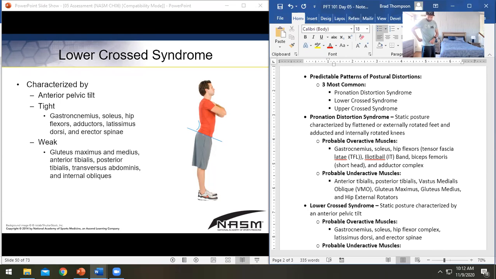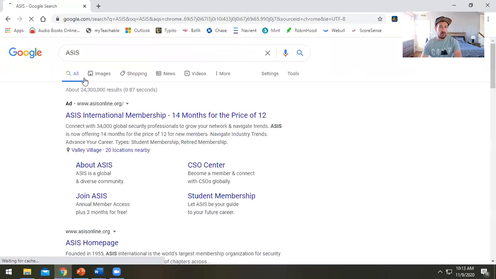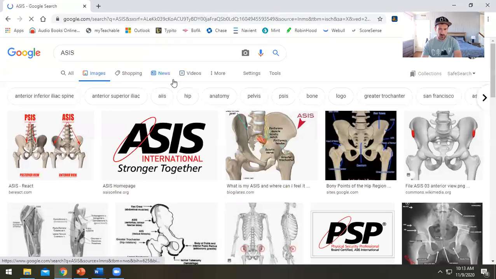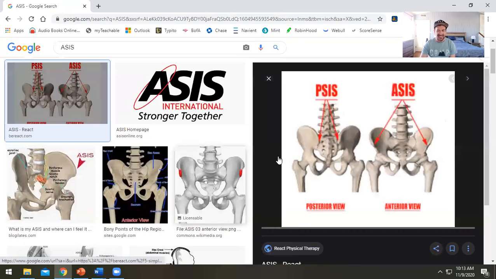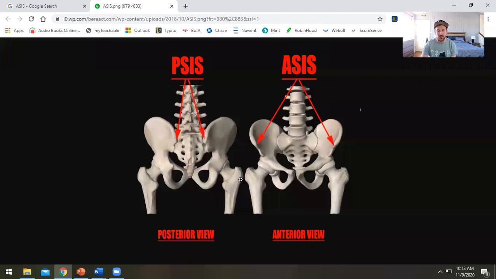What you look for is the feel on the front of your hip, right? You can feel these really stiff, hard, bony parts right here. This is called your anterior superior iliac spine. Everybody calls it the ASIS. It's this little knob on the front of your pelvis.